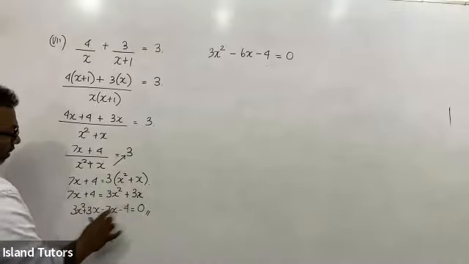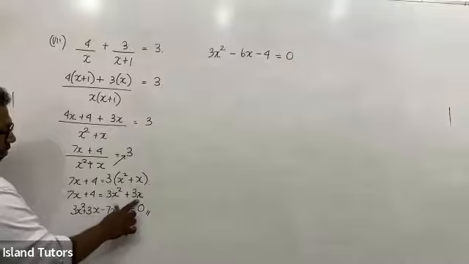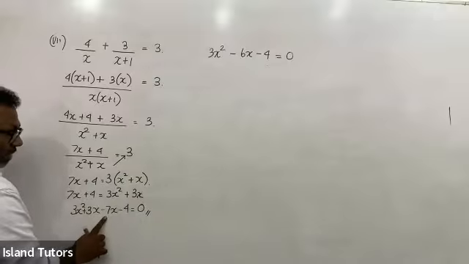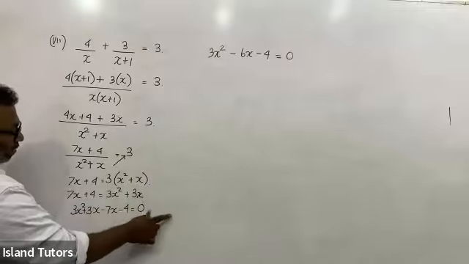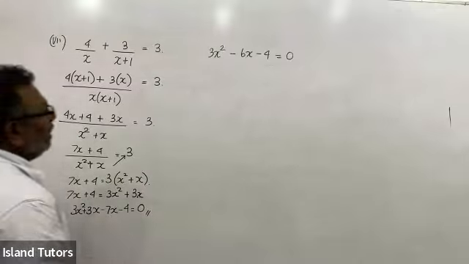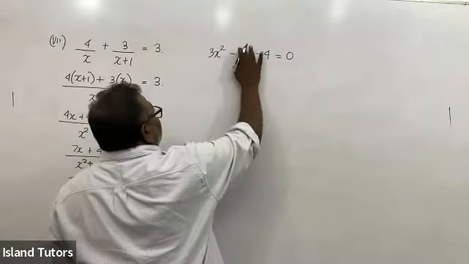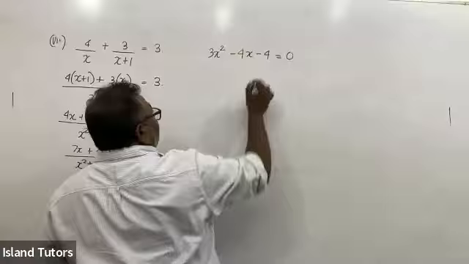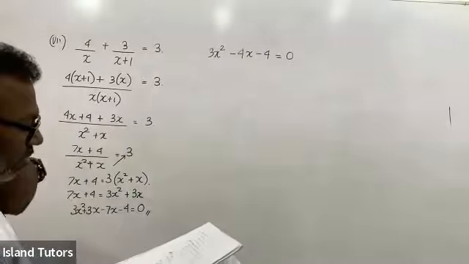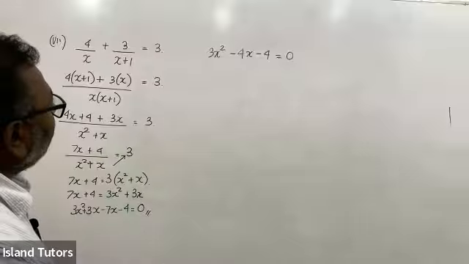So take everything to one side. 3x squared plus 3x. 7x when it comes to this side, minus 7x. Plus 4 when it comes to the other side, minus 4. So 3x squared, 3x minus 7x will give you minus 4x, minus 4 is equal to 0. Okay? Right?